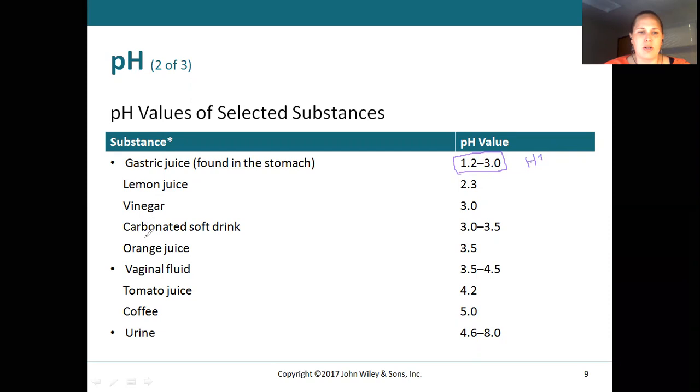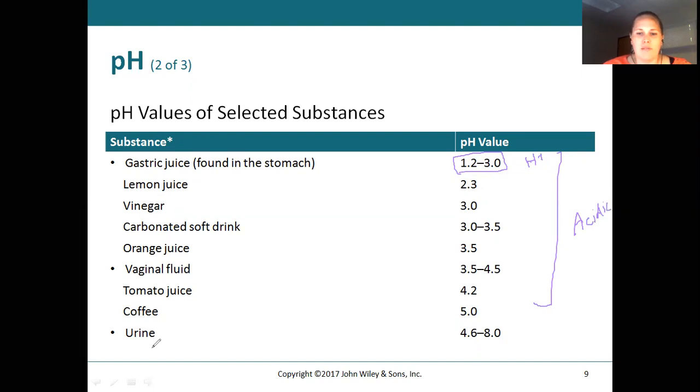Lemon juice, vinegar, carbonated soft drinks, orange juice. Shockingly, vaginal fluid is also a very acidic environment. So these all fall under the acidic category because they've got a low pH. Low pH means that something is acidic.